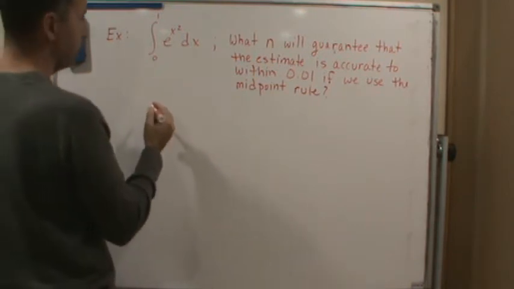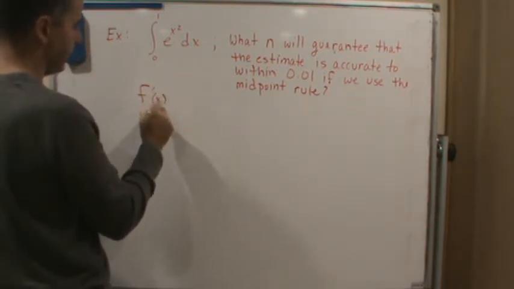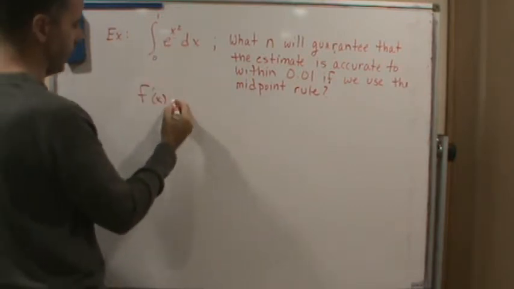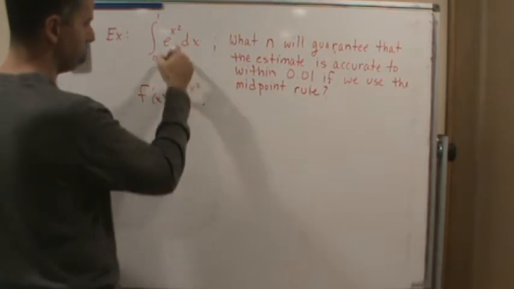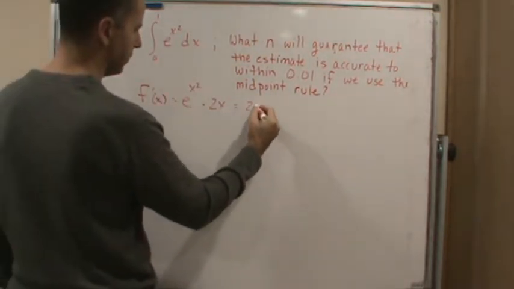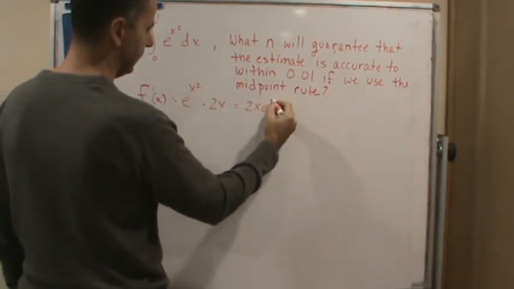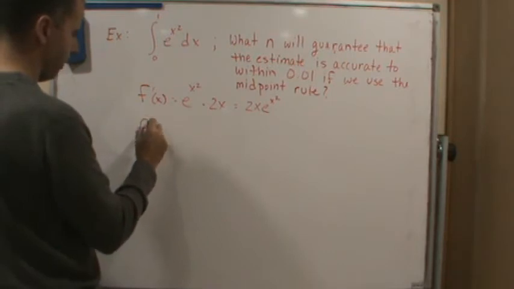Let's do the first derivative. f prime of x, it's a chain rule, so it's going to be e to the x squared times the derivative of the inside function, which is 2x, which gives us 2x e to the x squared. Now we want to get the second derivative.